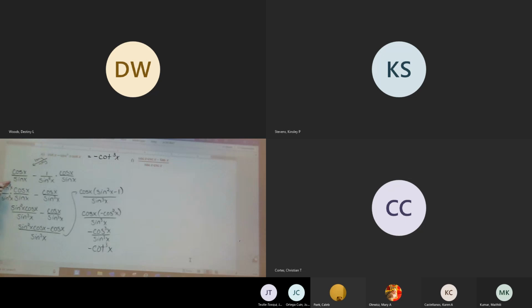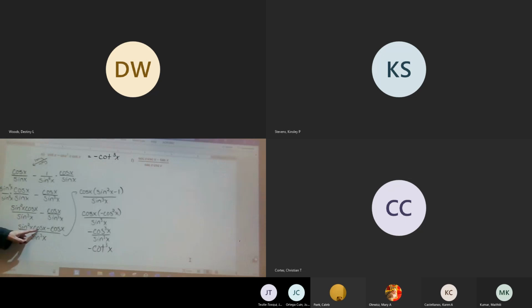At that point, I noticed that I'd like my denominators to be the same. I'd like them to both be sine cubed x. So I multiplied the top and the bottom by sine squared x, which gives me these two fractions. Once the denominators are the same, I can put the fractions together, okay? So that's what you see from here to here.